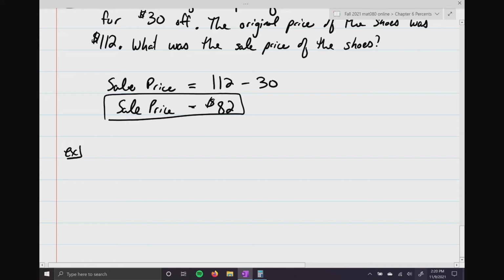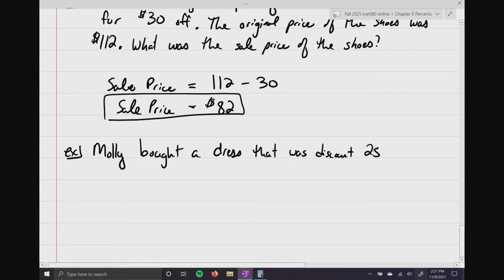But now we're going to try to figure out a discounted price. So we'll use my wife, Molly. Molly bought a dress that was discounted 25% off of the original price of $140.